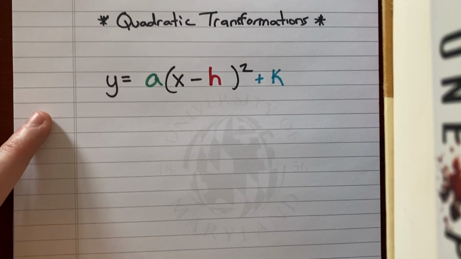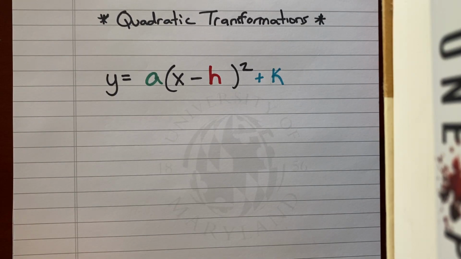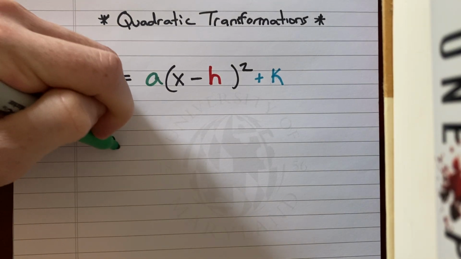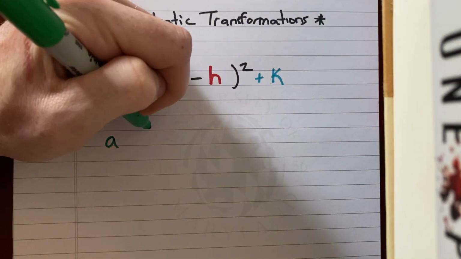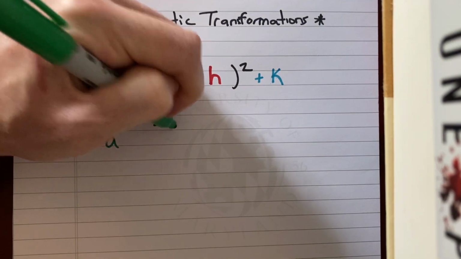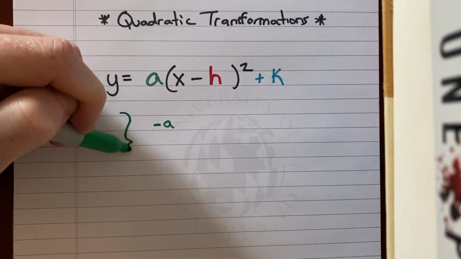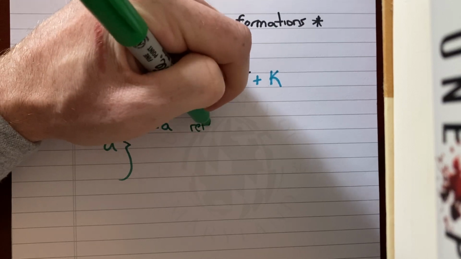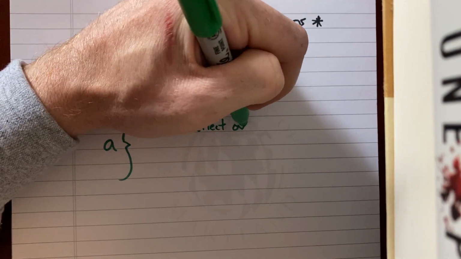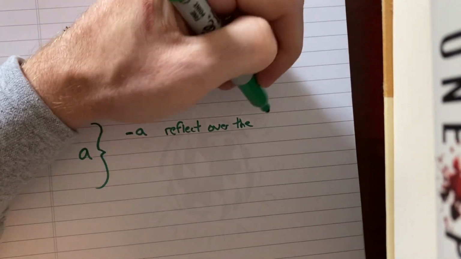So let's first talk about what a does. A, if you remember, does the most transformations. It actually does three different things. If we have a negative a, what that does is reflect over the x-axis.